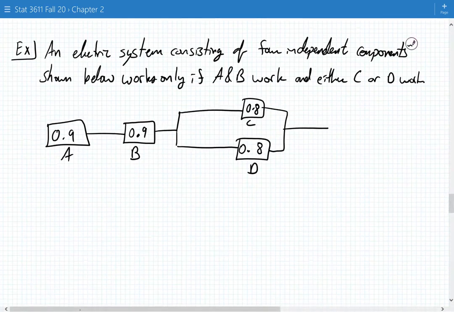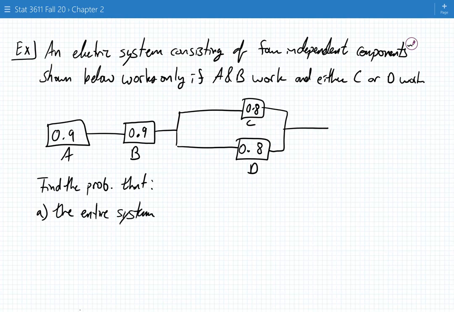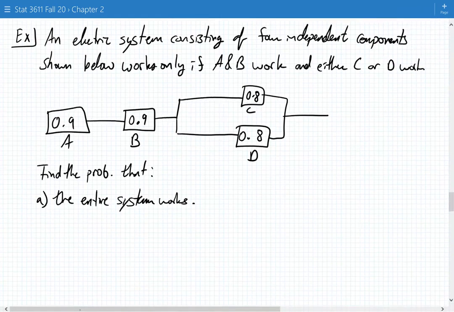All right. Let's find the probability, part A, that the entire system works. Let's see here.